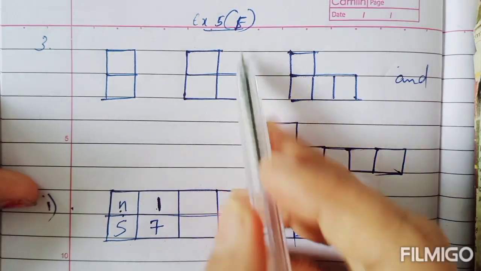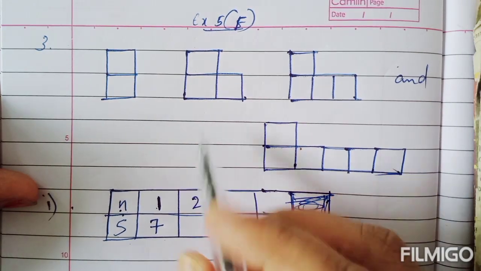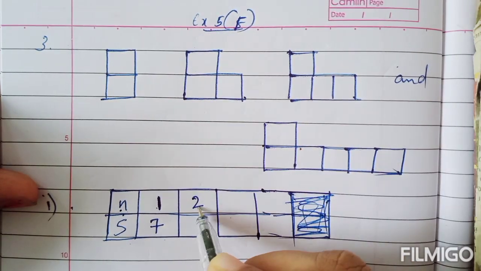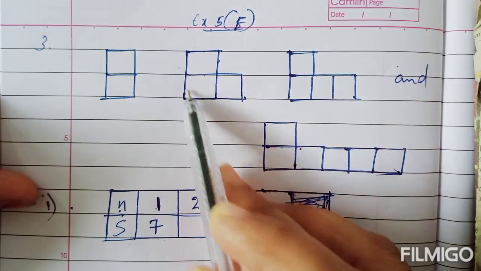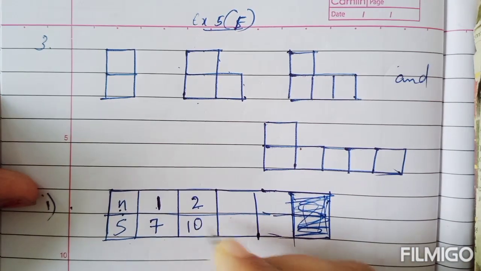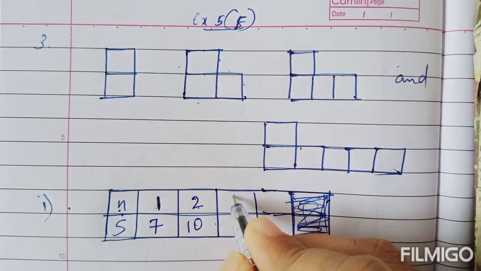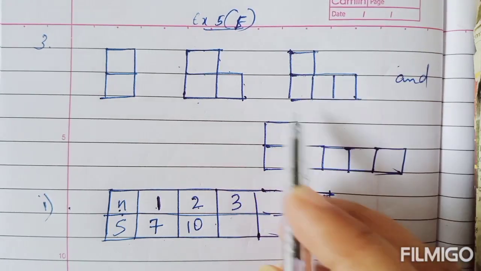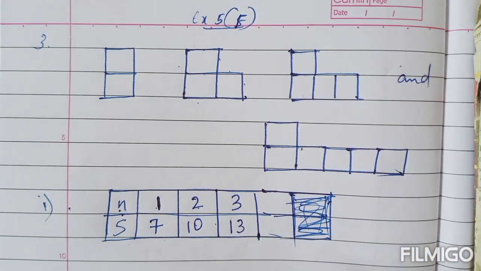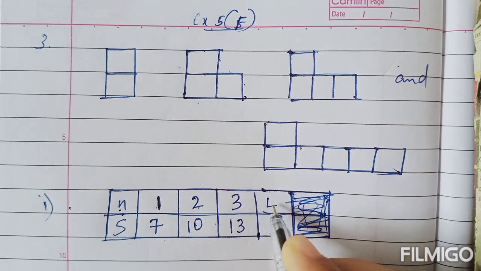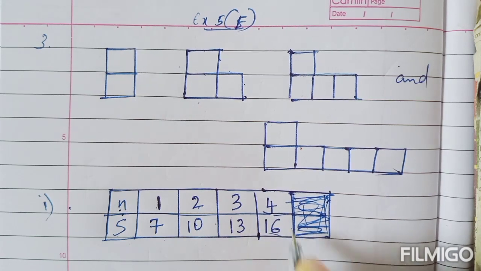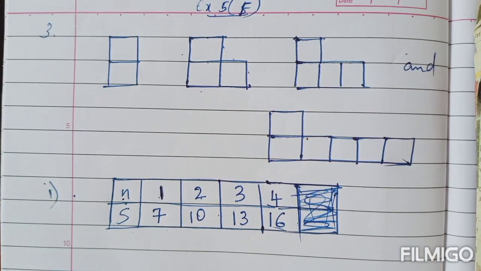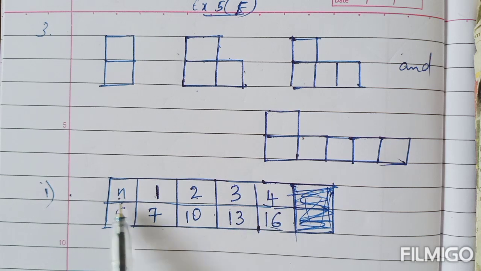For the second figure, n is 2 and s is 10. For the third figure, n equals 3 and the number of matchsticks is 13. For the fourth figure, n equals 4 and the number of matchsticks is 16. So first construct a table, n in the first row and s in the second row.